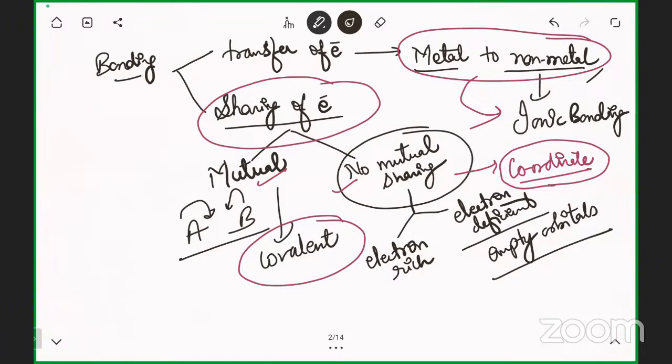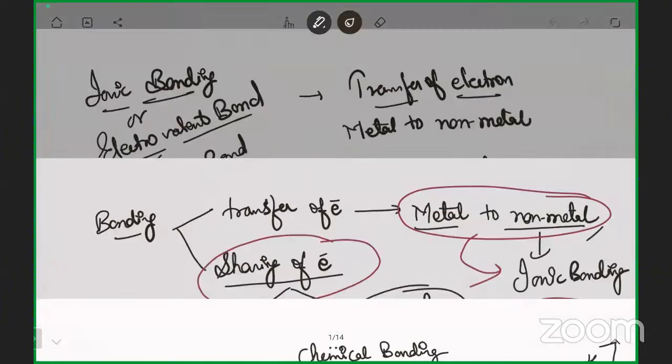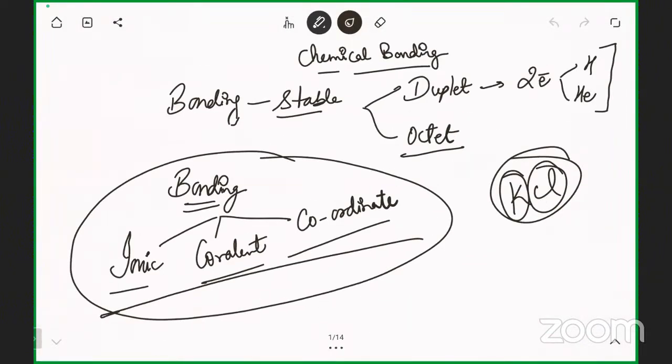One more question. Tell me MgF2: ionic, covalent or coordinate? Magnesium fluoride is ionic.